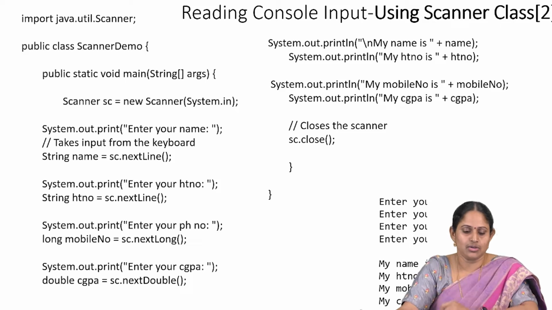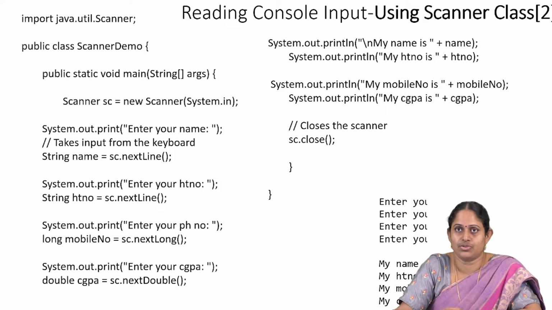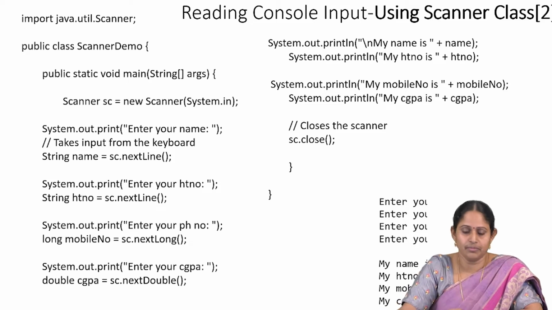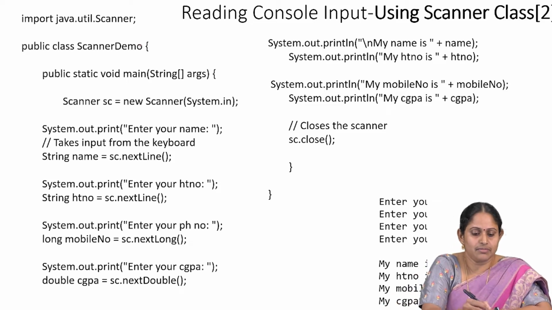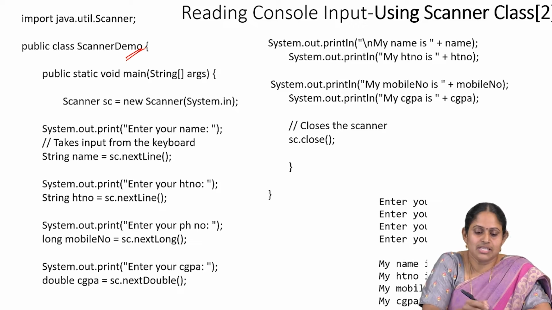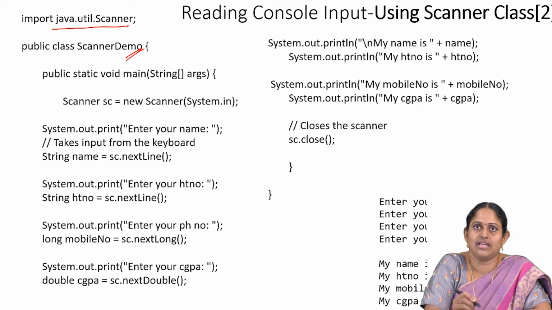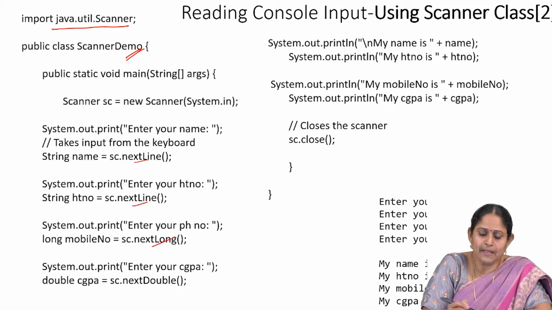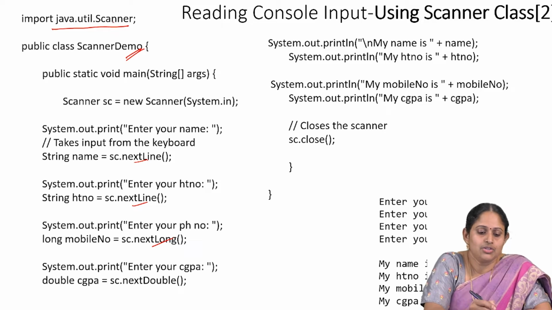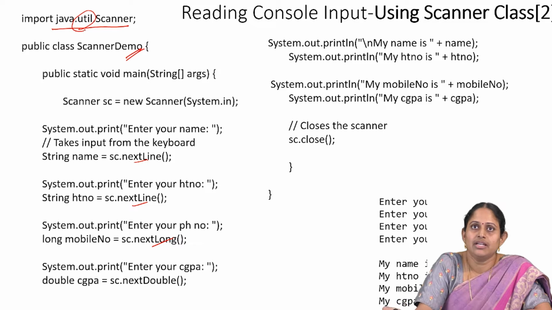Now let's look into a program which is reading the elements through the keyboard. Here we have our class name. Since we are using the Scanner class, we have to import it, only then can we use these methods. The Scanner class is present inside the util package of Java.